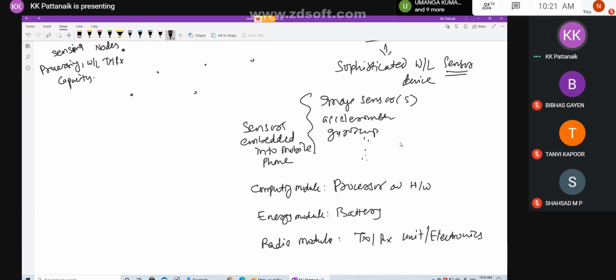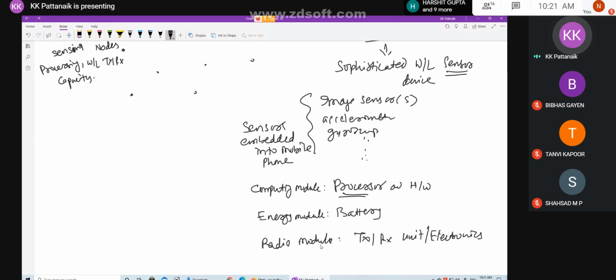So a sensor node can be equipped with a number of sensors, and the sensed data needs to be processed. So we have a processing or computing module and the associated hardware.